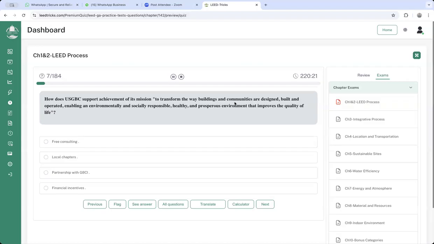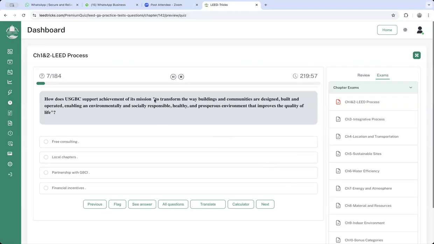Next question: how does USGBC support achievement of its mission? Now we speak about two things, mission and vision, but here we ask about the mission of the organization and how they support it. He is not asking what the mission is.